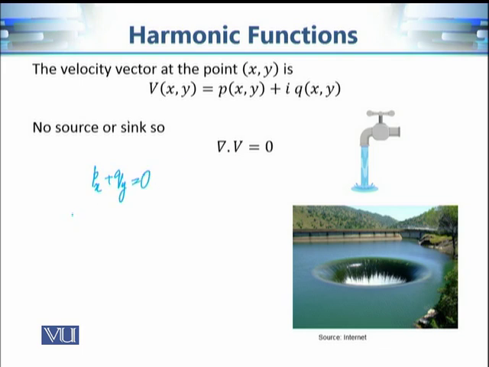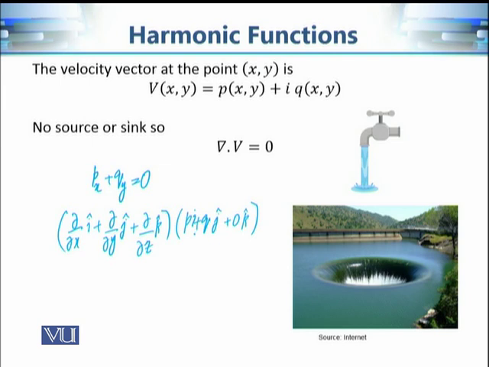In fact, we are just taking the dot product of partial by partial x i plus partial by partial y j plus partial by partial z k with p plus iota q, which we can also write in ijk form as p i plus q j plus 0 k.